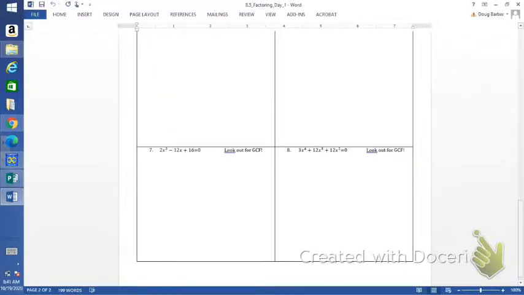Alright, now for the last one that we're going to do an example of, problem 7. So what we can do here is look at the terms and factor out the greatest common factor. So the GCF is going to be 2. So I can factor out a 2 here.